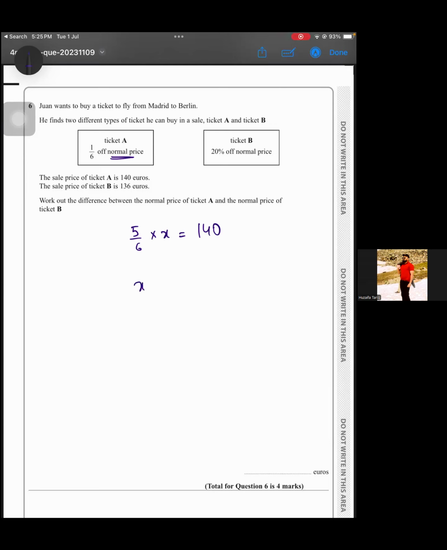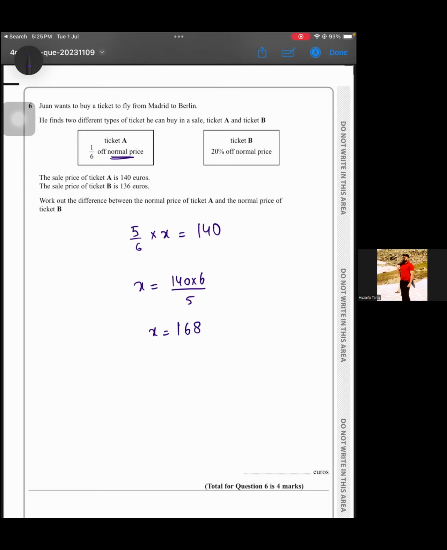So x is equal to 140 times 6 divided by 5, which is 168.